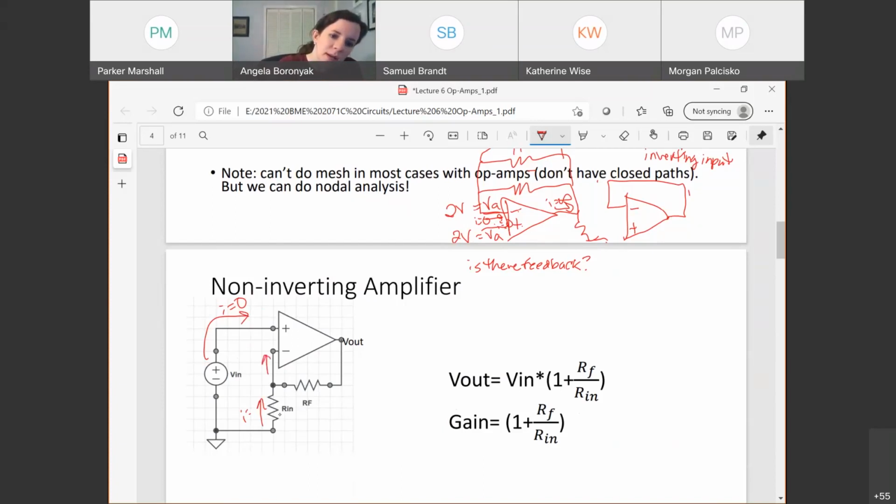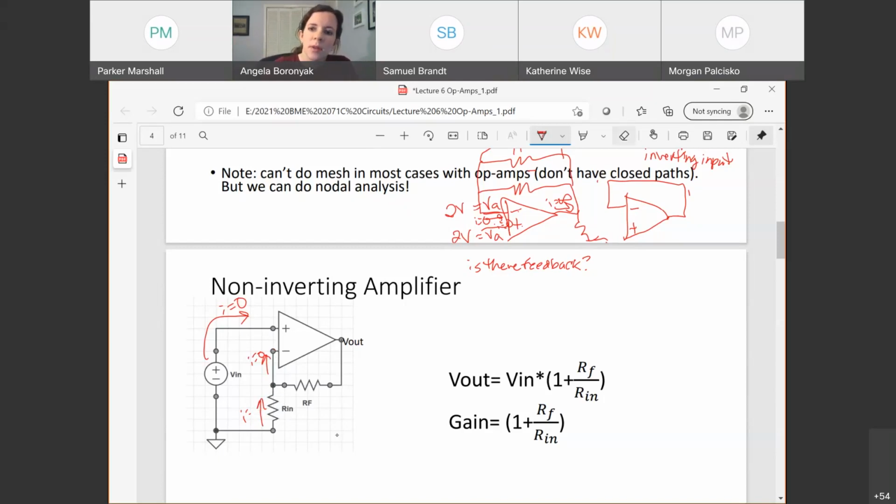While the wire right here has no choice but to go into or come directly out of my op amp, if my current is right here, do I have to go into my op amp? Where else could I go? If I go through Rn, good, McKinley, it has different path options. So where could it go? Yeah, it can go through RF instead. So you have to be careful if there are options in your path. That does not mean this one's 0, it just means this one is.